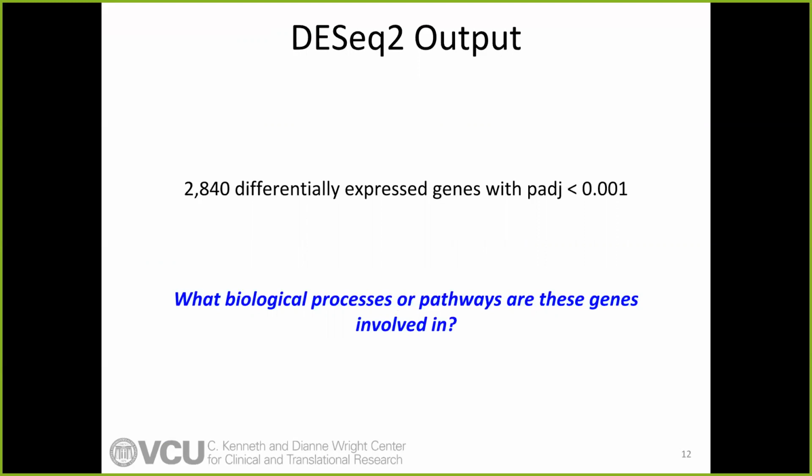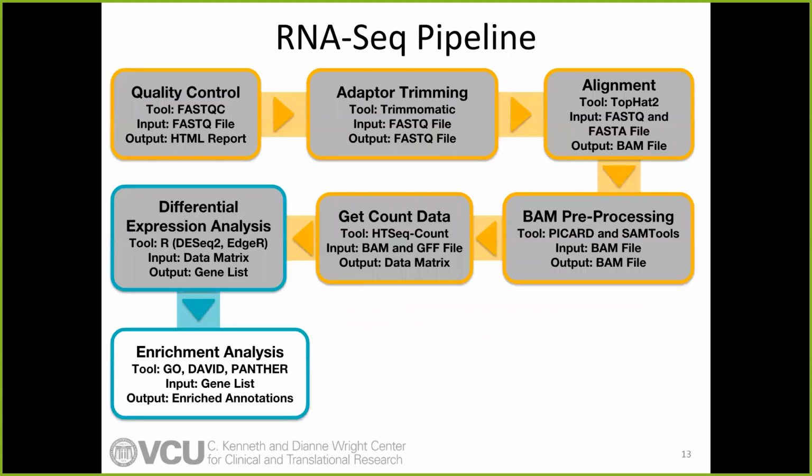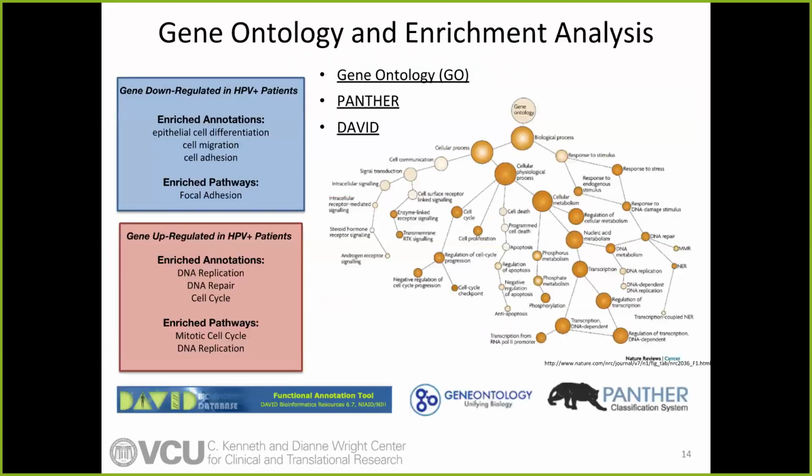But the one thing that we did with this set was we just wanted to know what's there, what pathways and biological processes were represented, and was it what we expected when you're looking at a patient that's become infected with a virus. So this leads us to the enrichment analysis, which you will hear more about with Dr. Dosmarov's talk coming up in a week or two. He'll go into this in a little more detail.